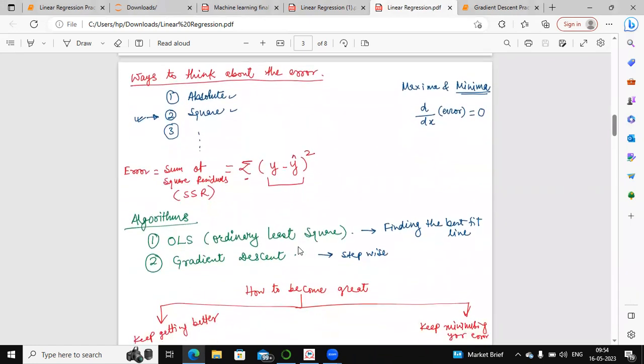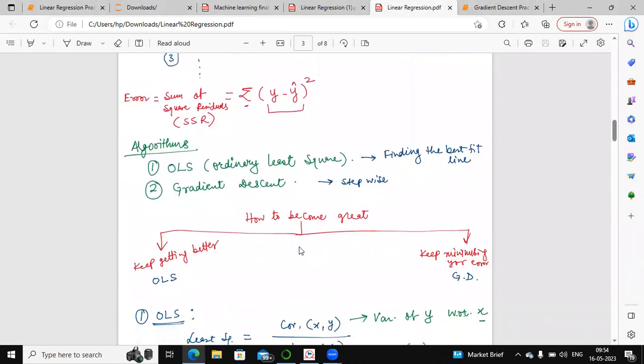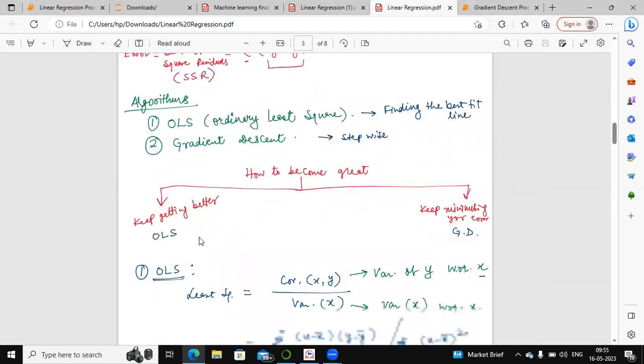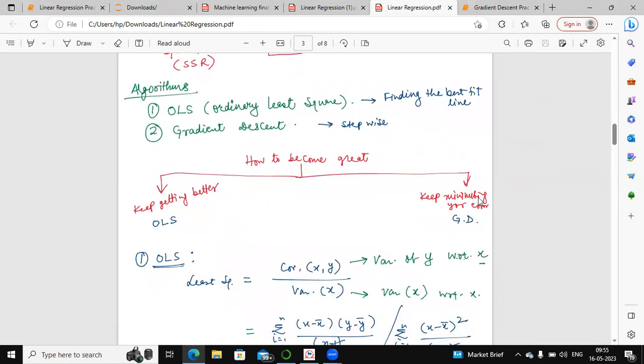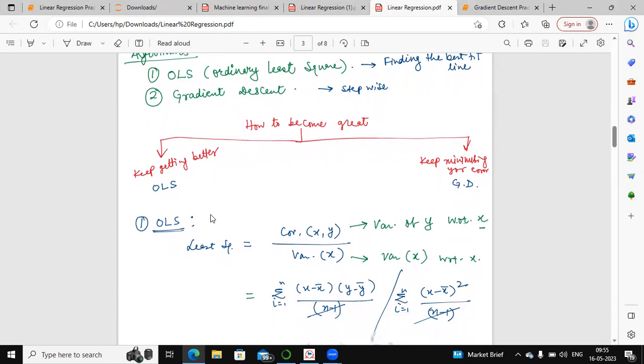We have two algorithms to find the regression line: ordinary least squares, finding the best fit line, and gradient descent, which works step by step. How to become great? Either you keep getting better or keep minimizing error. There are two ways, and let's see ordinary least squares first.